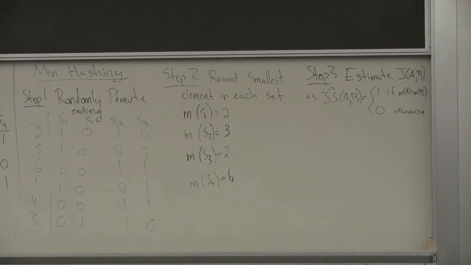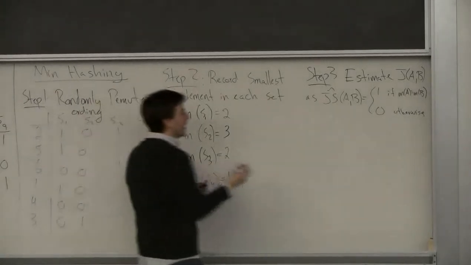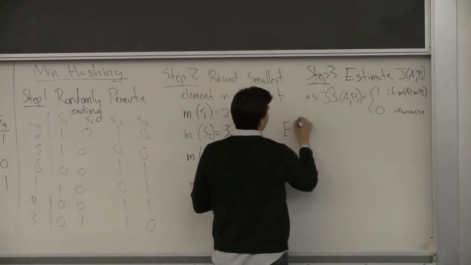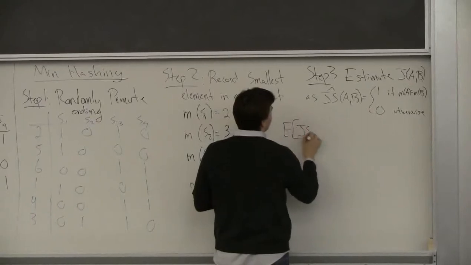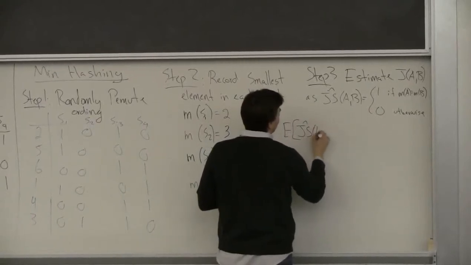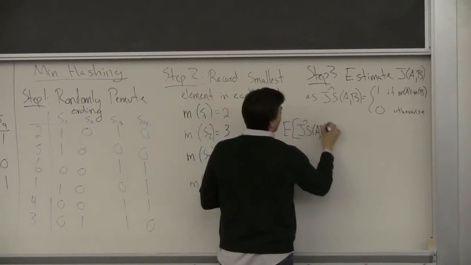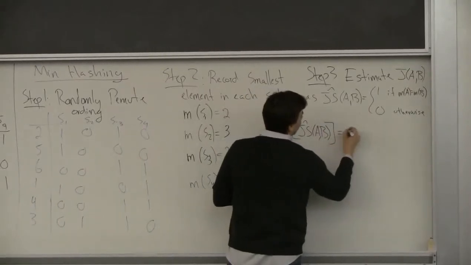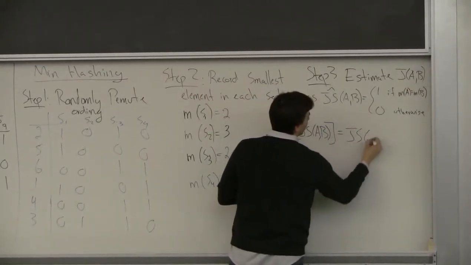But this is basically how it works, and the claim is that the expected value of Jaccard similarity between A and B is going to be equal to the true Jaccard similarity.